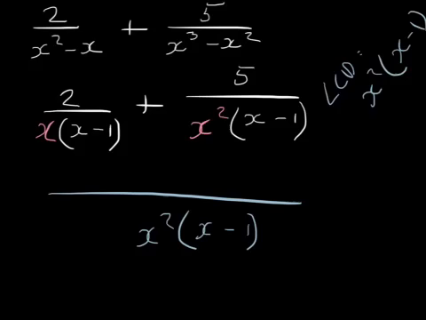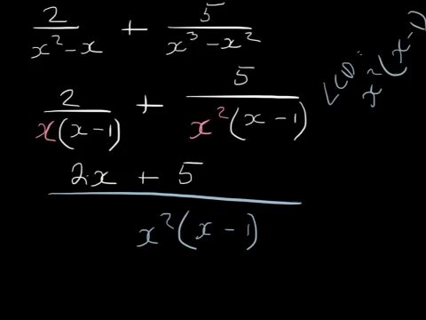So what did I need over here to make it common? Well, I just needed a little x. Plus, do I need anything in my second fraction? No, because that's already my LCD. So all I'm going to have here is a 5.